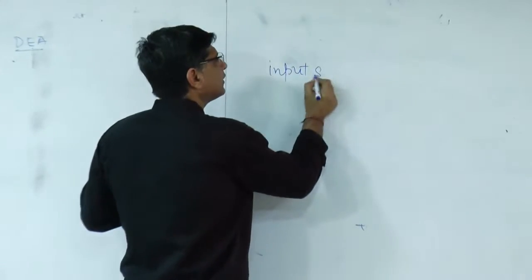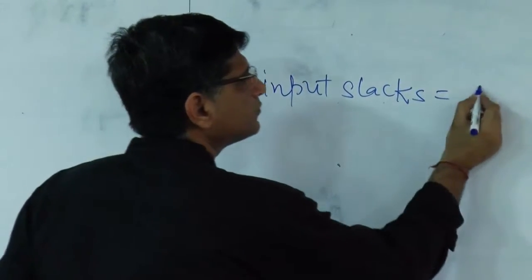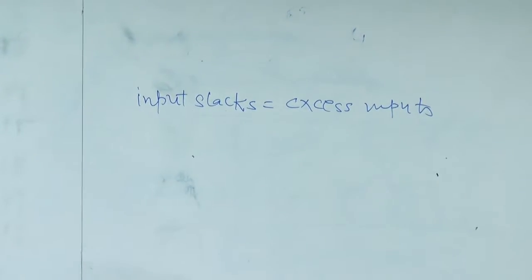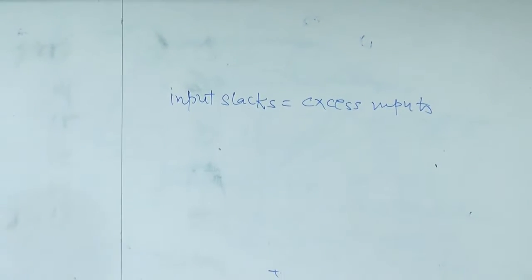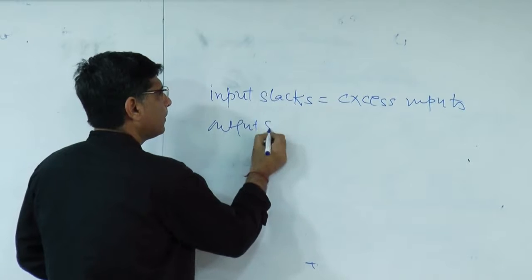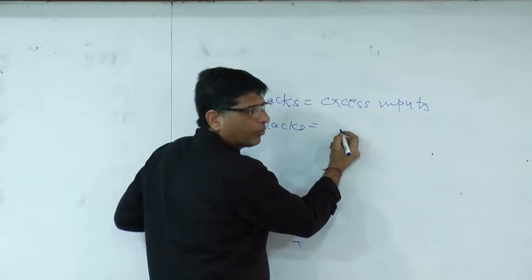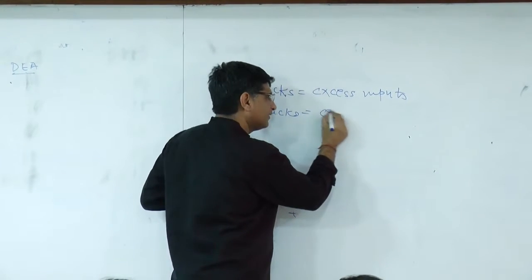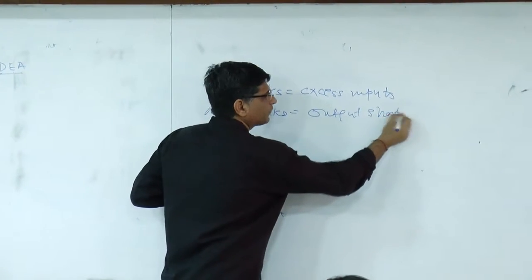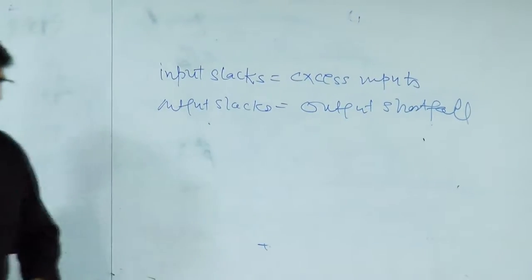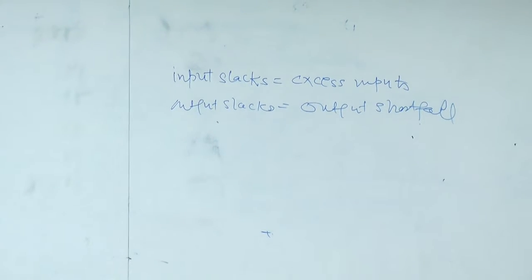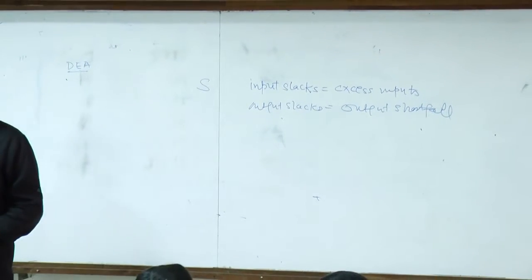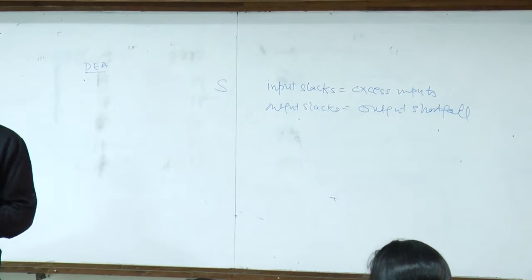This is very important. It provides information about the excess inputs and output shortfall, that is, input slacks and output slacks. Slacks are expressed with the help of capital letter or small letter s.